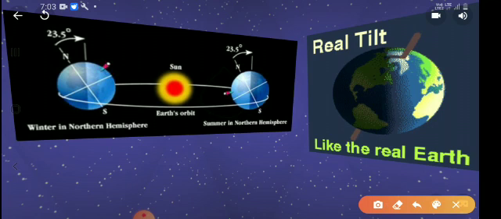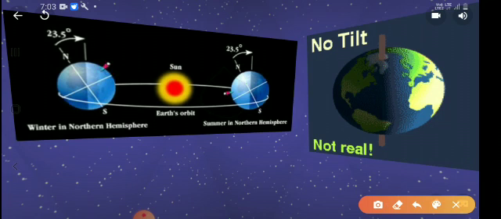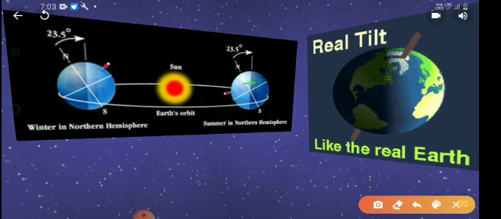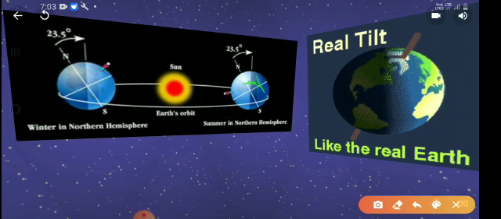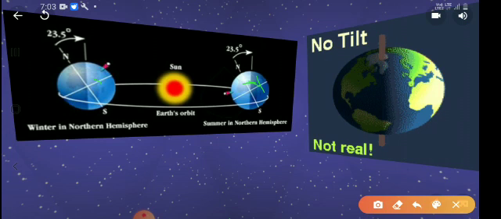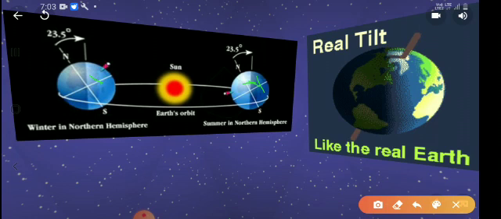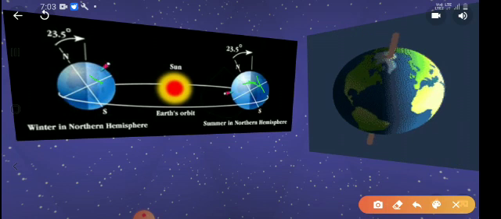This particular line is 23.5 degrees, and this is 66.5 degrees, from here till here.